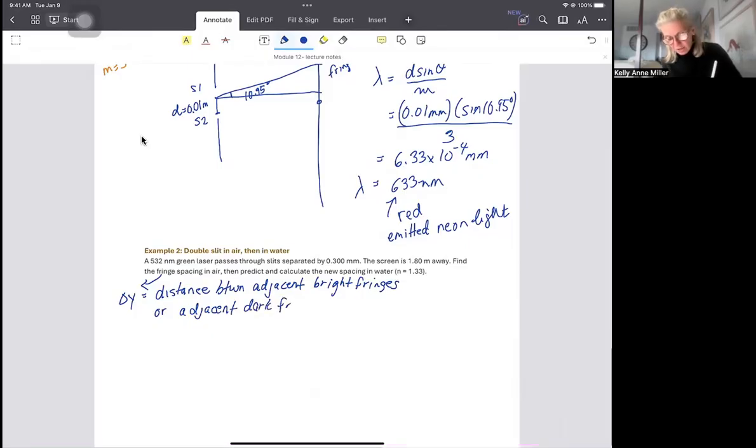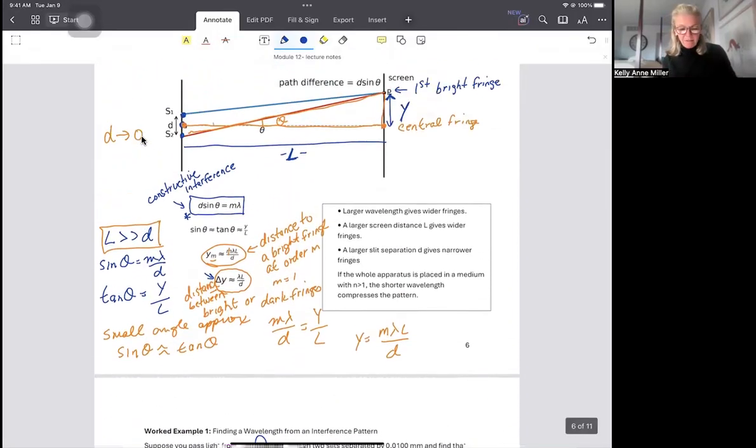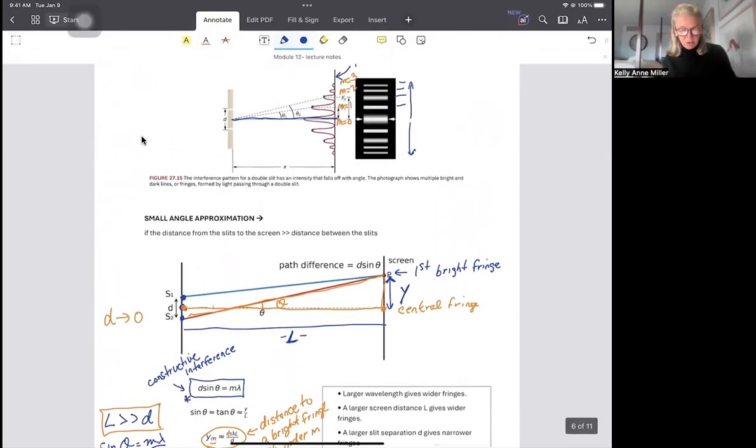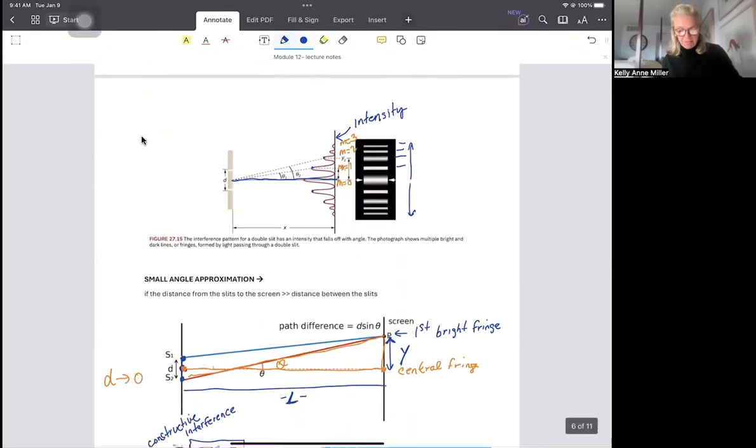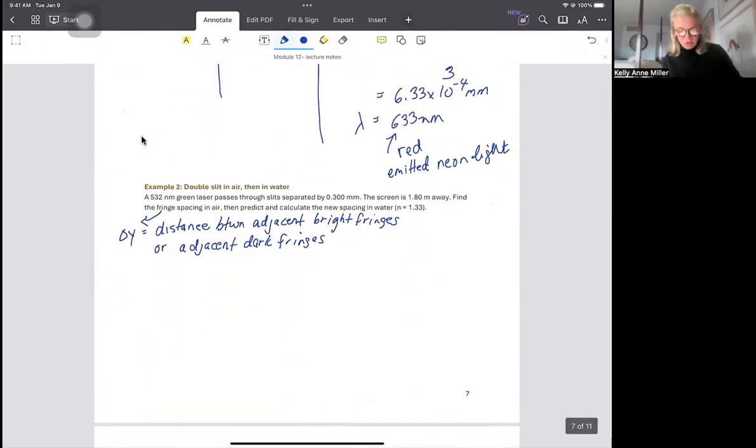The spacing between two bright fringes is going to be the same as the spacing between two dark fringes. It's just a different equation that governs their location: this one is for bright fringes and this one is for dark fringes. But the spacing between adjacent bright or adjacent dark should be the same. So that's what the question is asking for.